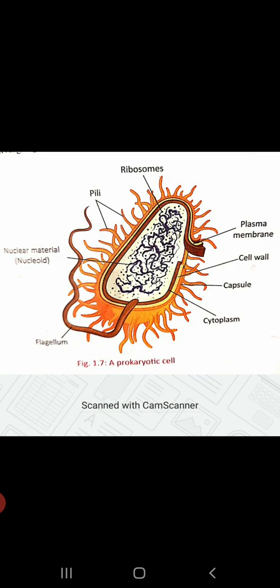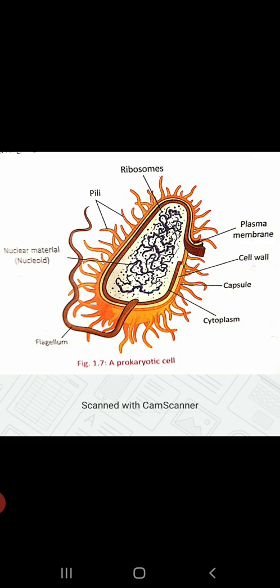यहाँ पे जो आपको thread like structure दिख रहा है, that is actually DNA that is scattered in the cytoplasm. It is not enclosed in the nuclear membrane. Whereas हमने जो अपनी एनिमल सेल्स और नॉर्मल सेल्स पढ़ी हैं, उसमें when we studied the structure of the nucleus, we studied that nucleus is enclosed by the nuclear membrane, right?